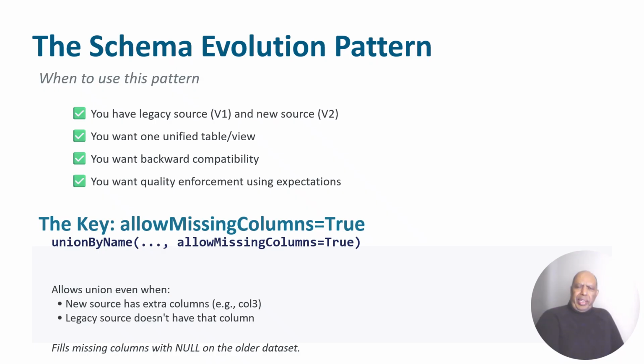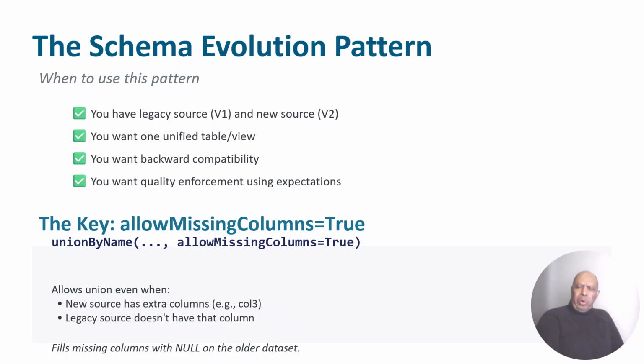The key technique is to set allow missing columns equal to true. The magic happens with this one parameter in a union by name. Here's what it does. Normal union by name requires exact schema match. If source A has columns X, Y, and source B has Y, Z, the union fails.